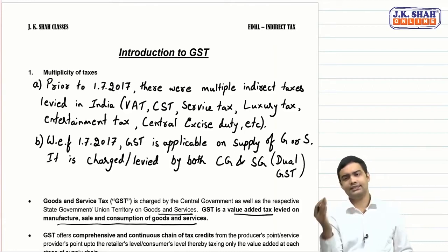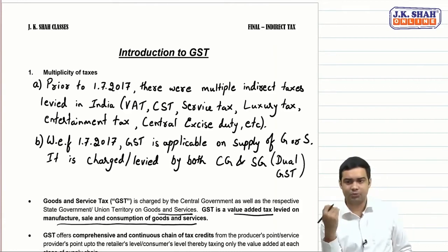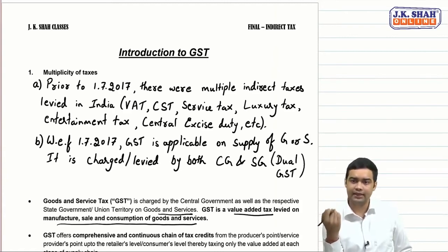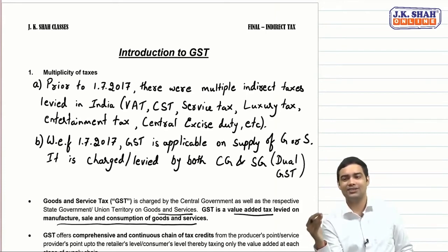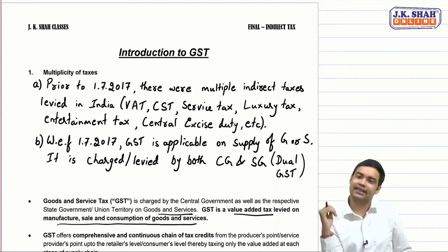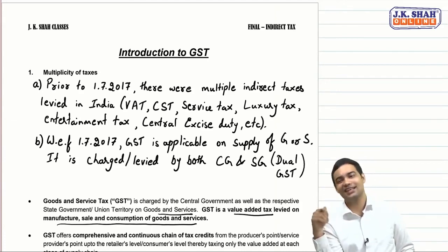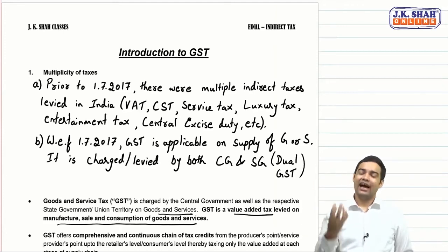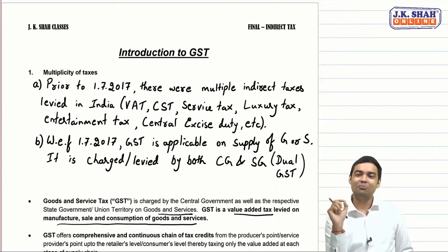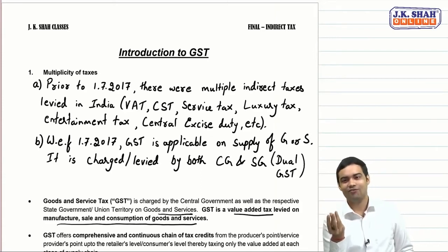There's a continuous chain of credit. Even the next point relates to the same aspect, which will be learned by us in an illustration. Continuous chain of credit meaning throughout the supply chain, like manufacturer selling it to the wholesaler, wholesaler selling it to the retailer, retailer selling it to the customer. Each person can take input tax credit of the taxes which is paid on purchase.